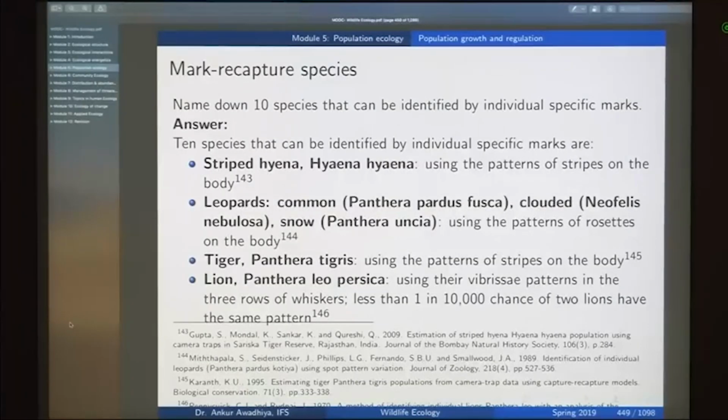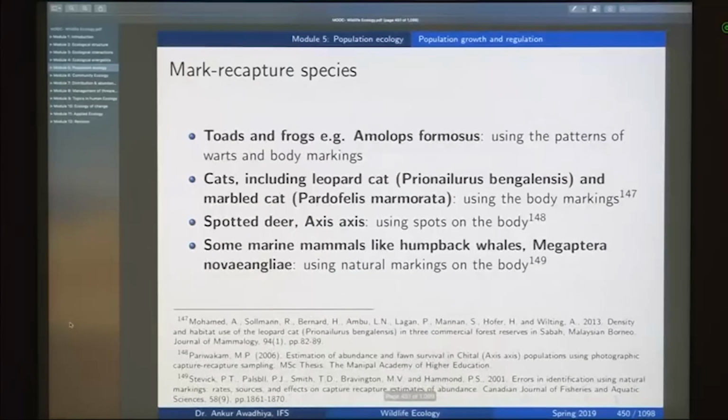Now, in the case of mark recapture, we were capturing the animals and marking them, but there are a number of organisms that have natural body patterns that can be used in lieu of marking the individuals one by one. So, for example, every tiger has different markings on its body, every zebra has different markings on its body, or for some animals that do not have such different markings, such as the lion, you can make use of some other body part, such as their vibrissae pattern, that is the pattern that is there in their moustache.